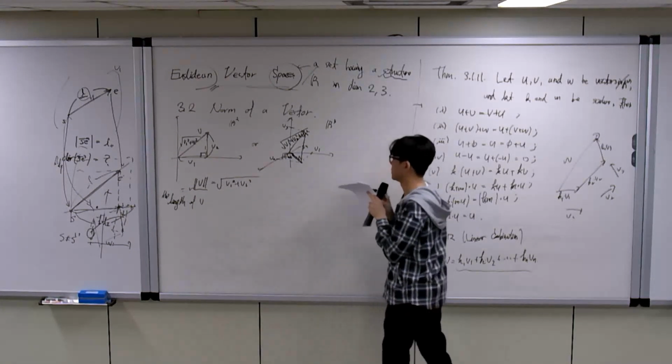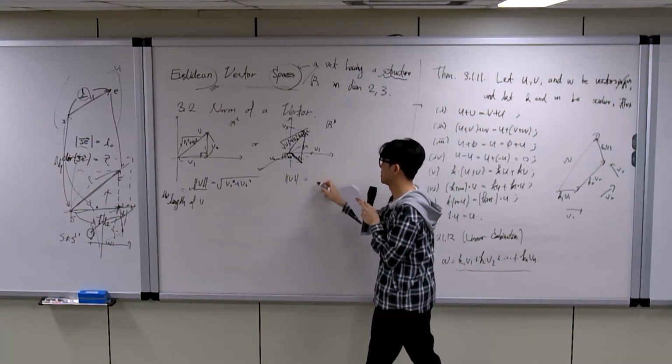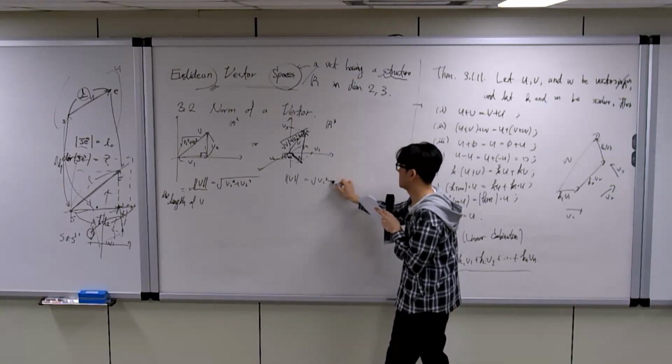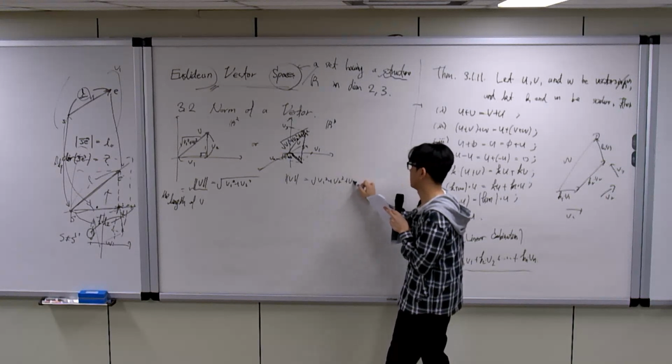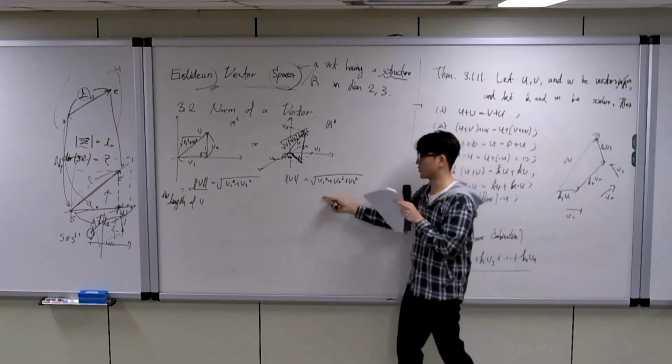And in the three-dimensional case we also use the same notation. It is the length of v, and it will be the square root of the sum of each squared component.